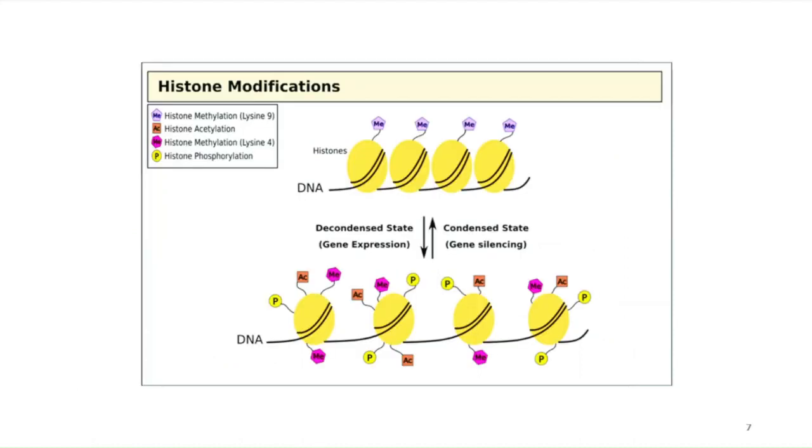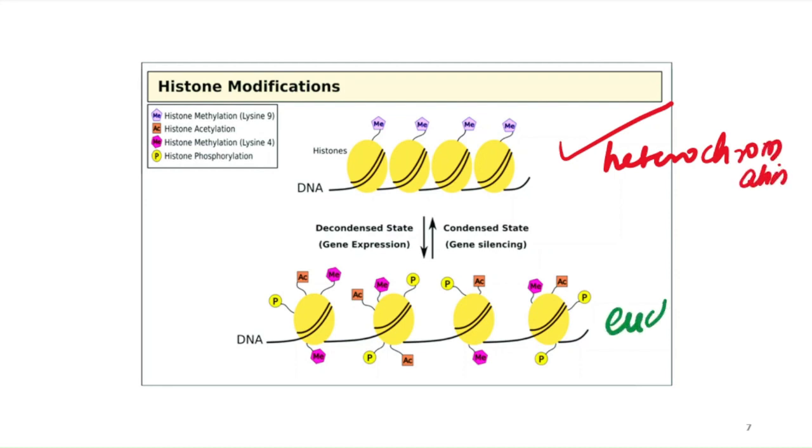Importantly, if you look at this picture, the first picture tells us the condensed form, which is the heterochromatin conformation. The second picture tells us the euchromatin, the decondensed form. If you phosphorylate, acetylate or methylate, for example methylation at lysine 4, these can favor euchromatin structure, whereas methylation at lysine 9 is going to cause heterochromatin structure.